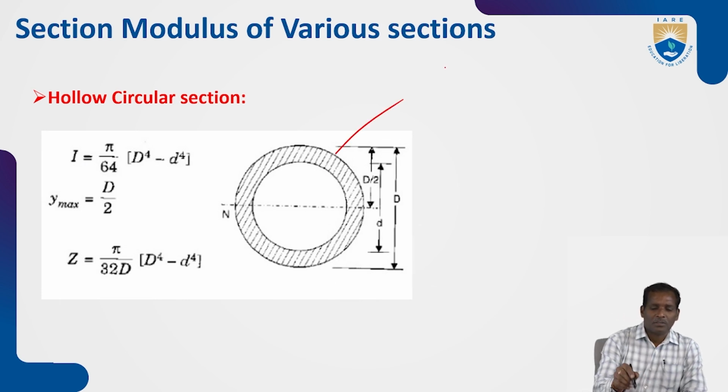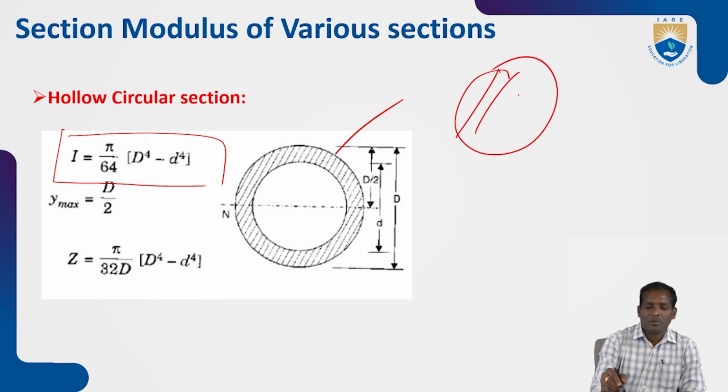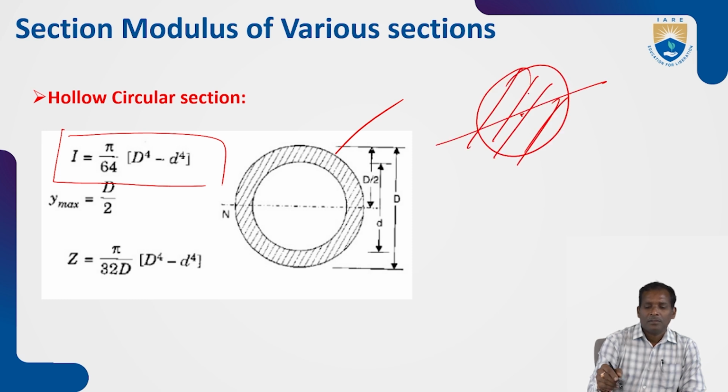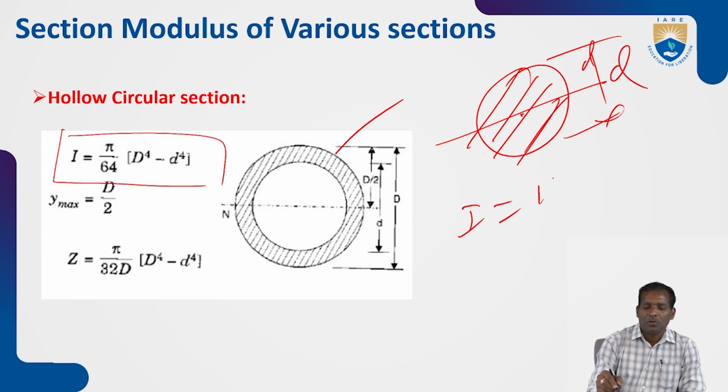So next, hollow circular section. So take the hollow circular section. So that is I is equal to pi by 64 into D to the power of 4 minus small d to the power of 4. For a solid circular section, suppose you take the solid circular one. Clear? So the center of gravity, the dimension is the diameter D. So now for this, the I is equal to pi by 64 D to the power of 4.